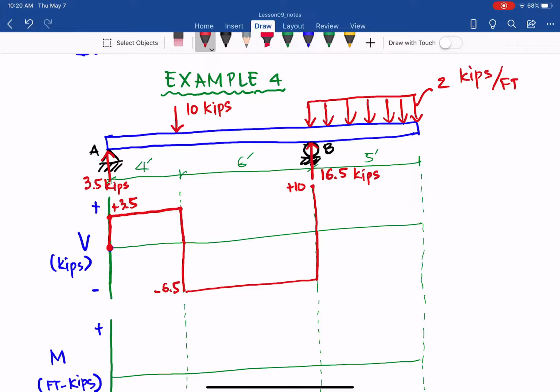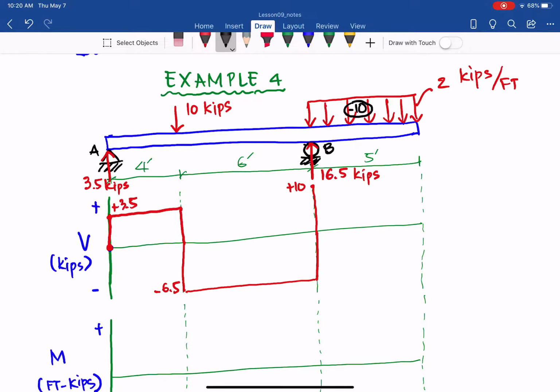And then the change in shear from B to the right end equals the area under the distributed load. You can see the area under the distributed load here, 2 times 5, sorry, it will be 10, and it's negative because the load is going down.